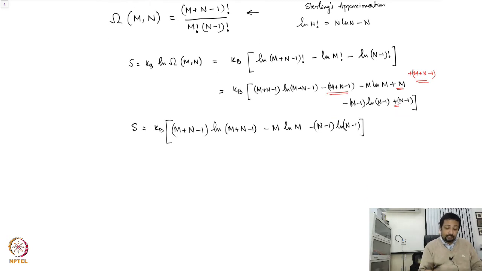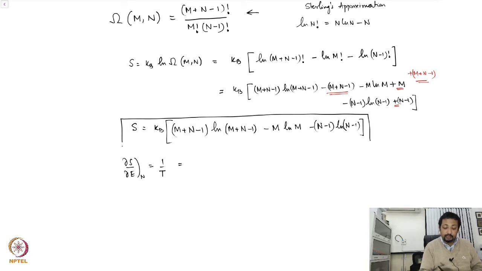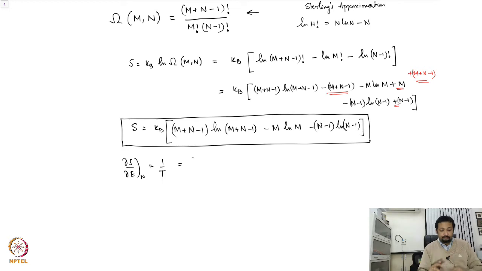To proceed further, we note the thermodynamic relation del S del E, with n held fixed, is 1 by T. Although this expression for the entropy looks complicated, and taking the derivative might be cumbersome, one can simplify this by writing del S del m, n held constant, times del m del E, n held constant.